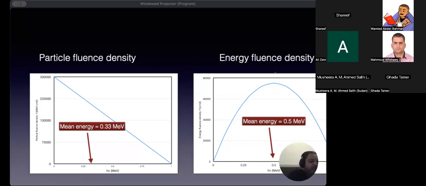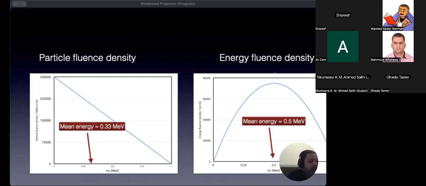The bottom line is that when we talk about the average mean energy of a photon beam, we have to think: are we averaging over the particle fluence density or over the energy fluence density? It makes a difference between the two. In practice, when we talk about the average energy of a beam, it is actually based on the energy fluence density, not the particle fluence density.